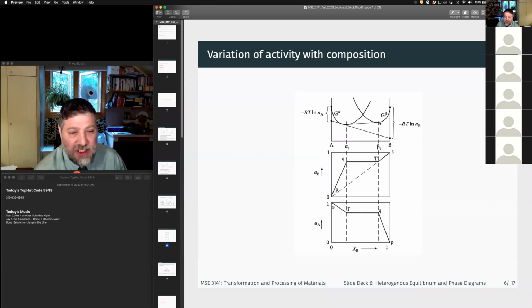And it's not until we reach this point, and now we're fully beta, that our activity begins to change because our tangents are moving, or our chemical potential changes, right? We could make this same plot with chemical potential instead of activity, and it would look basically exactly the same, right? But what's important to know is that while we're in the two-phase equilibrium region, our chemical potential is constant. It doesn't change with composition. What does change is the composition of our two phases to keep our chemical potential even, right?